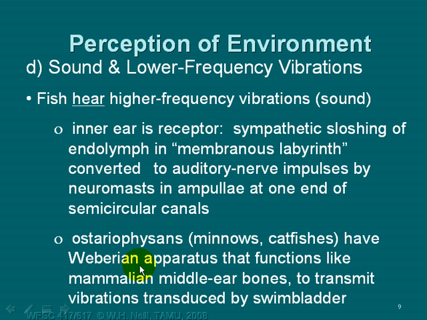And the Weberian apparatus is a series of bones derived from anterior elements of the vertebral column processes that functions like a mammalian middle ear, in that we've got the malleus and the incus and the stapes, the hammer, anvil, and stirrup that connect our eardrums, which separate the middle ear and the outer ear from the inner ear with the membranous labyrinth.